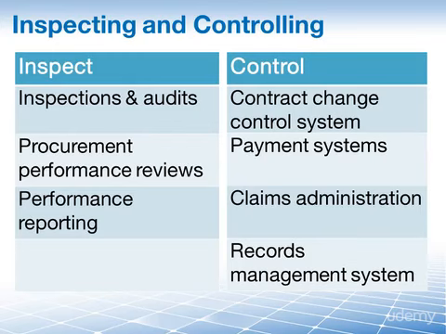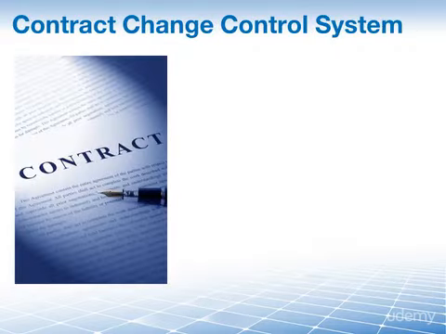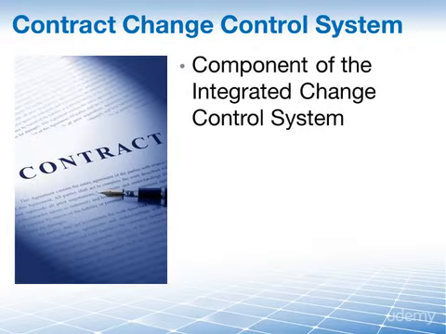In this category, we first have the contract change control system, which is defined in the PMBOK guide as the system used to collect, track, adjudicate and communicate changes to a contract. And by the way, adjudicate in this context means to make a formal decision or a judgment about a problem or something under dispute. And this contract change control system is, of course, part of our integrated change control system.